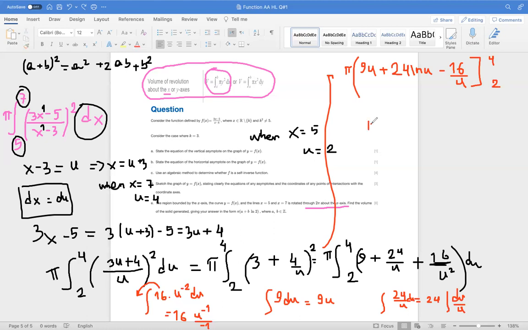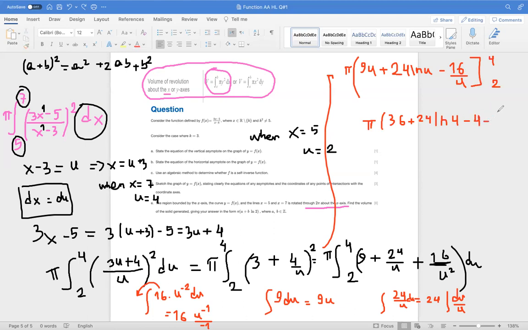So that will be pi times 9 times 4 will be 36, plus 24 ln 4, minus 16 over u, which will be 4.